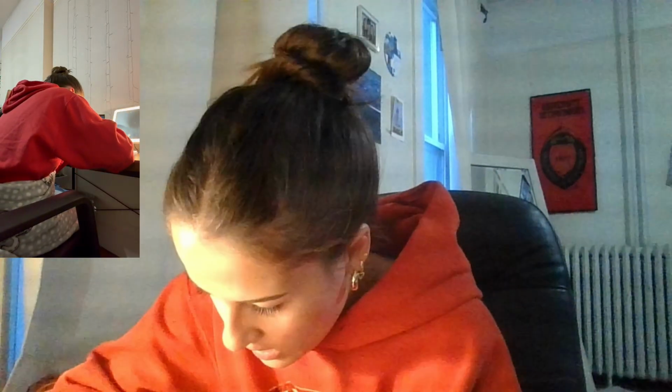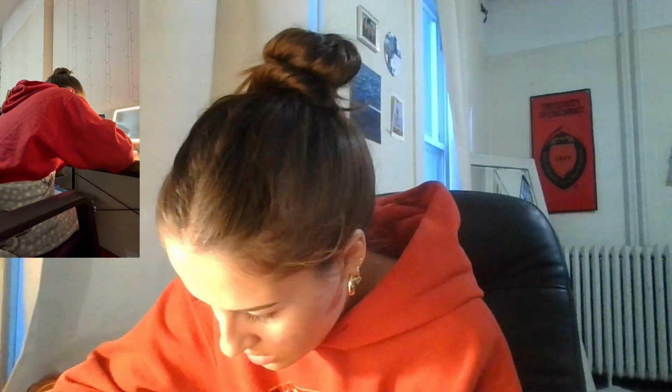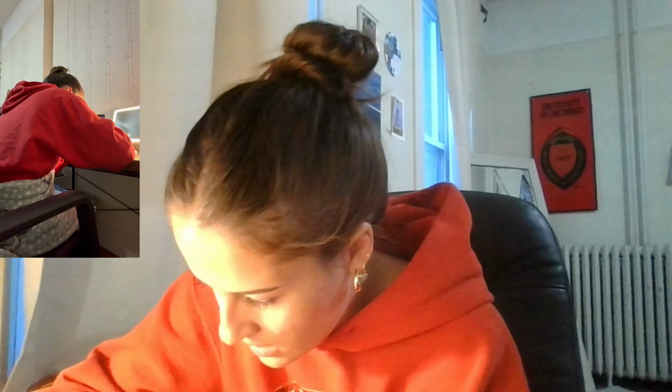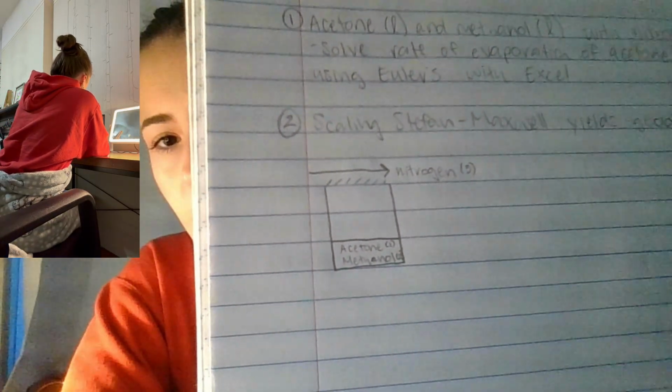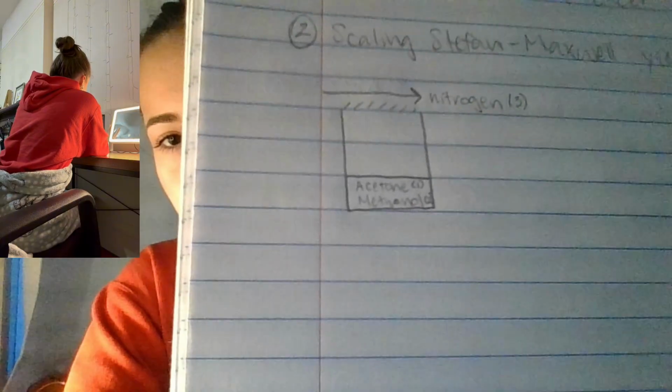Acetone we're going to call 1, methanol 2, and nitrogen will be 3. This is what I have written here. This is our system. We have our liquid mixture, and that line right above acetone is going to be our interface between the vapor of the nitrogen coming down and the mixture of liquid evaporating up.